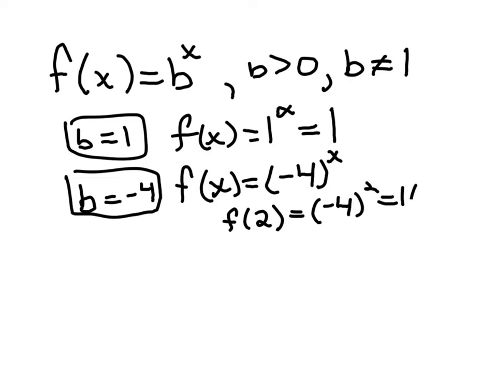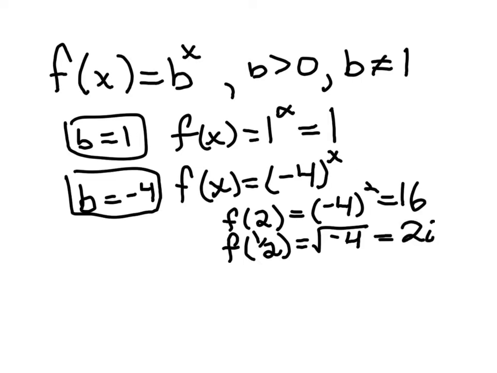There's no problem there. But if we try to evaluate something like f of 1/2, then that's equal to the square root of -4, right? Because the 1/2 power can always be written as the square root. And this is equal to the imaginary number 2i.